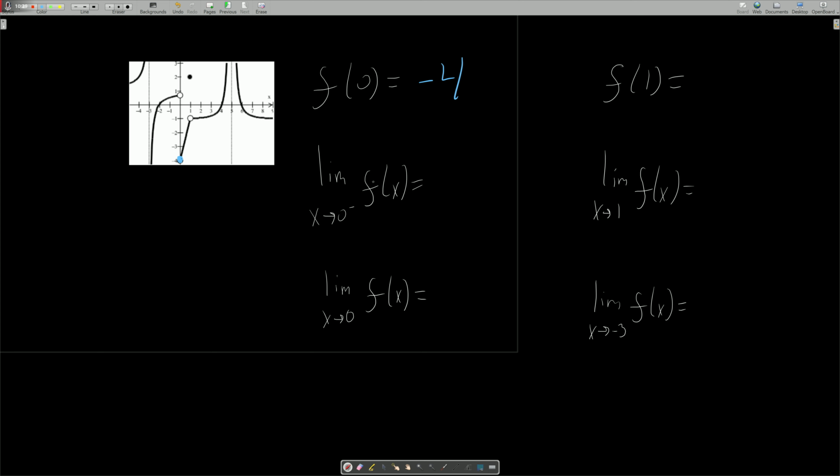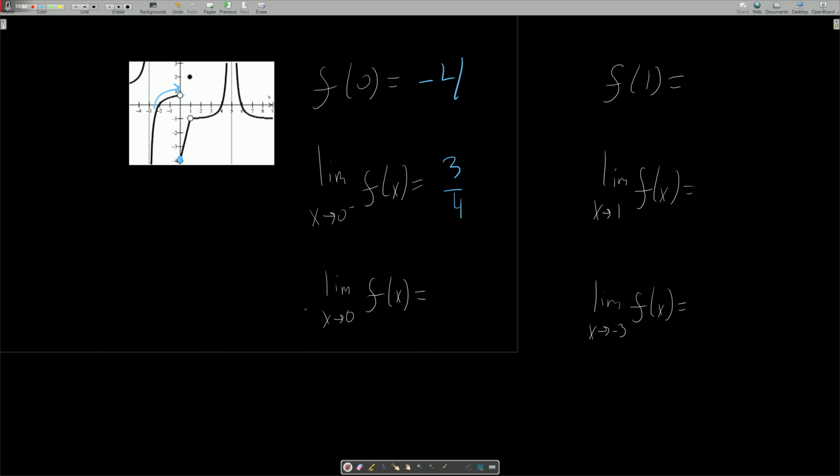The limit of f of x as x approaches 0 from the left. This is from the left specifically. So as you approach from the left, you can see you're approaching a value of about 3/4. This doesn't actually exist at this location, but if you covered this up with your hand, then you would see that this would probably be 3/4 right here.